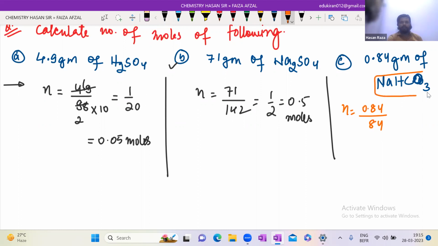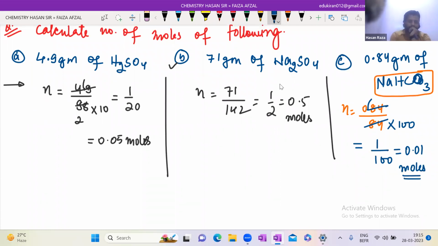Molar mass of NaHCO3, you have calculated 84, yes or no? Yes, sir. If you remove this decimal, 100 will be in the denominator. So it will be 1 by 100, that is 0.01 moles. Is that clear? Yes, sir.